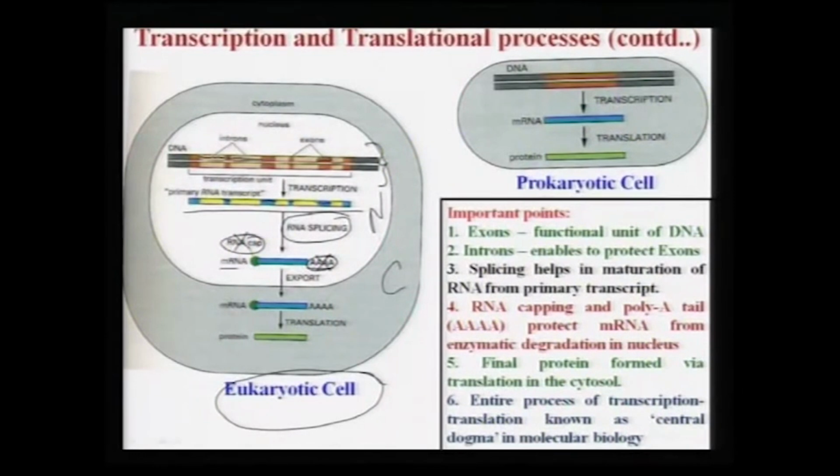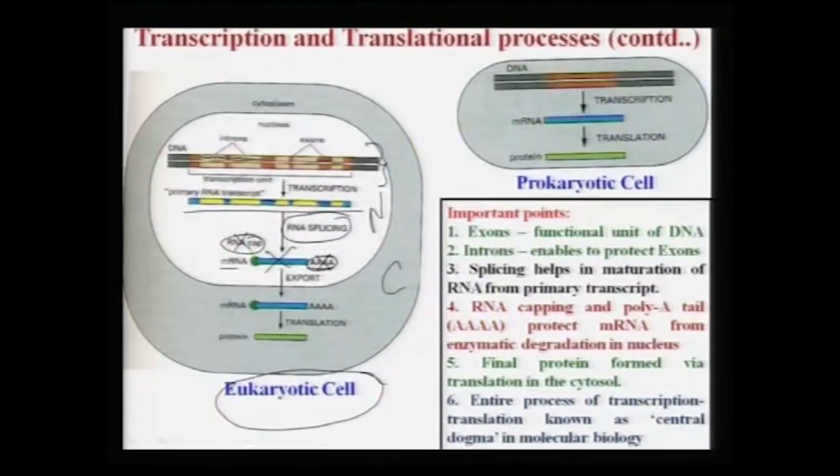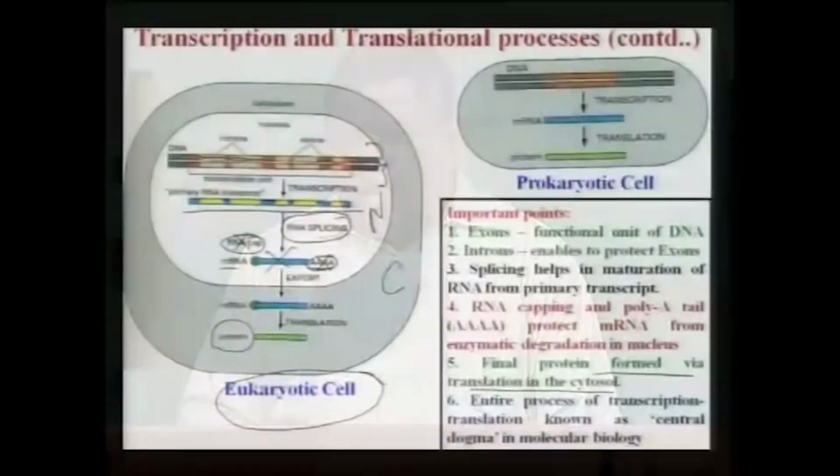Now, if there is no capping and no tail, then what will happen? This mRNA cannot come out of the nucleus, and it will itself be degraded by certain enzymes inside the nucleus. In other words, the mRNA functions will be lost. They will not be able to carry the codes for protein synthesis outside the nucleus.